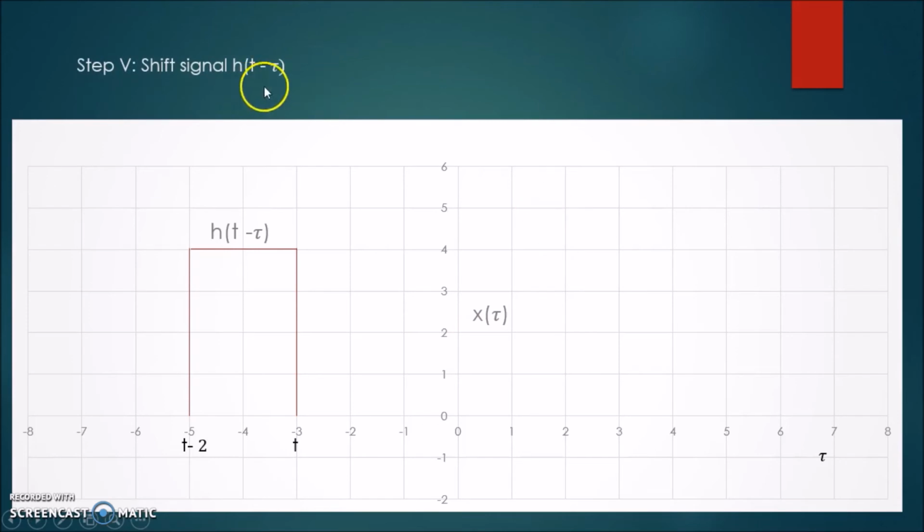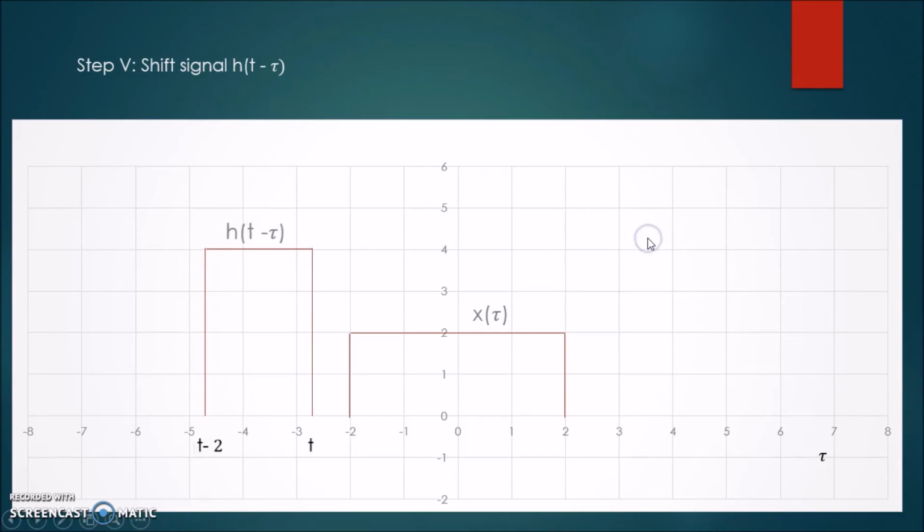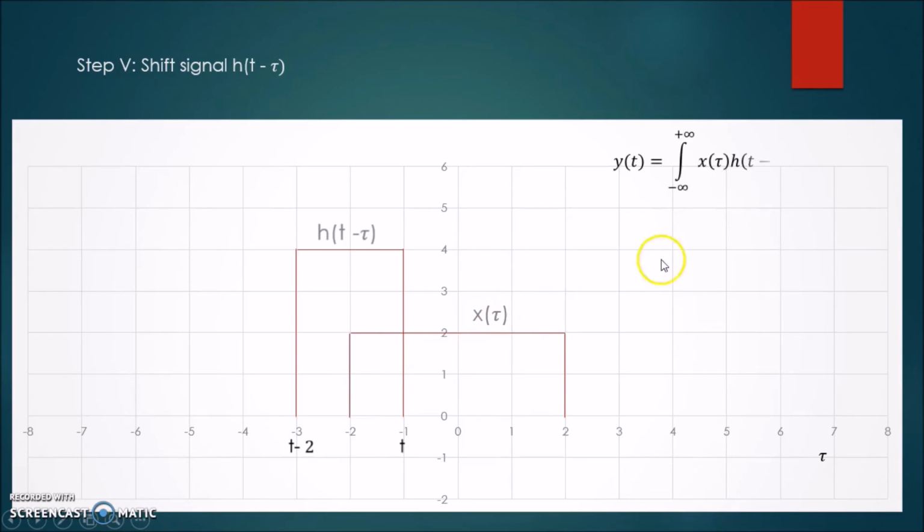In the next step, we have to shift the h of t minus tau along the x-axis such that it will intersect one edge of this x of tau. Now here we have to check the integral which is existing between minus 2 and minus 1. That is nothing but the overlapping area between h of t minus tau and x of tau.